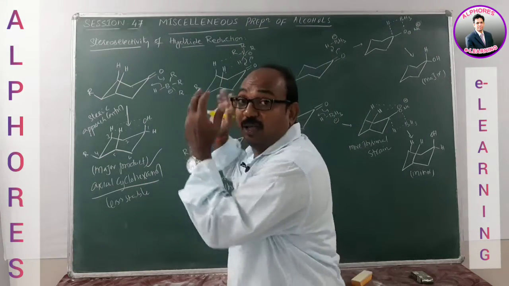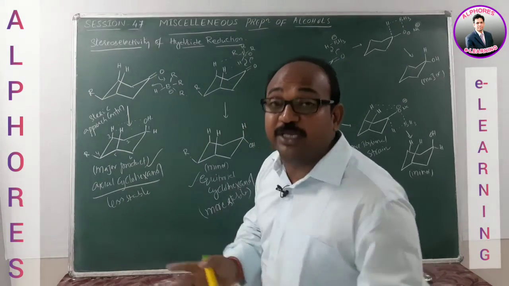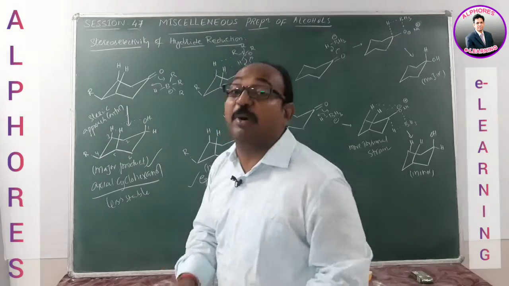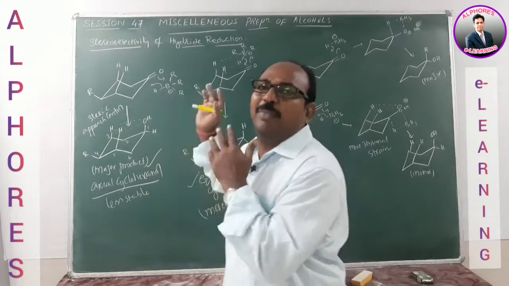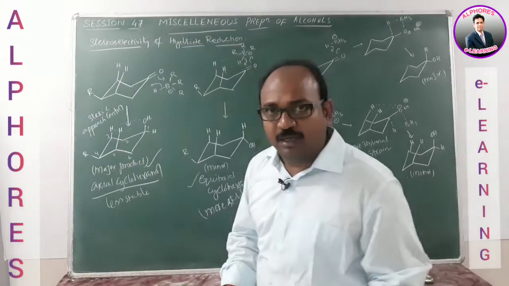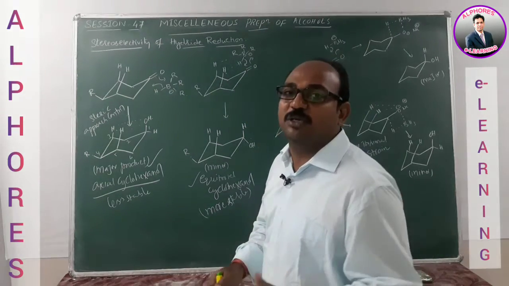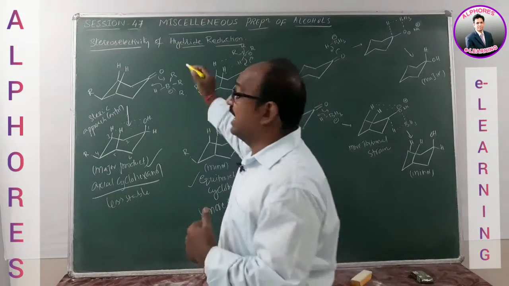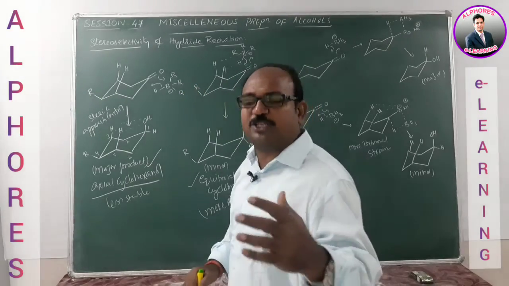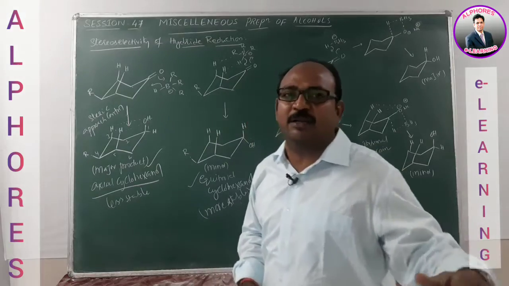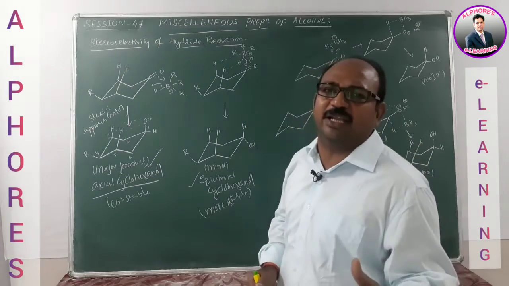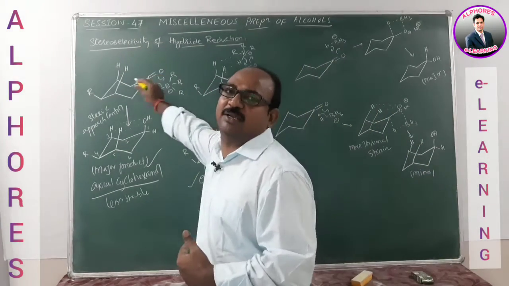When we are reducing a cyclohexanone derivative by using a sterically hindered complex metal hydride, it prefers to approach, which direction? This reducing agent prefers to approach in the less hindered direction. That less hindered direction is nothing but the equatorial direction.